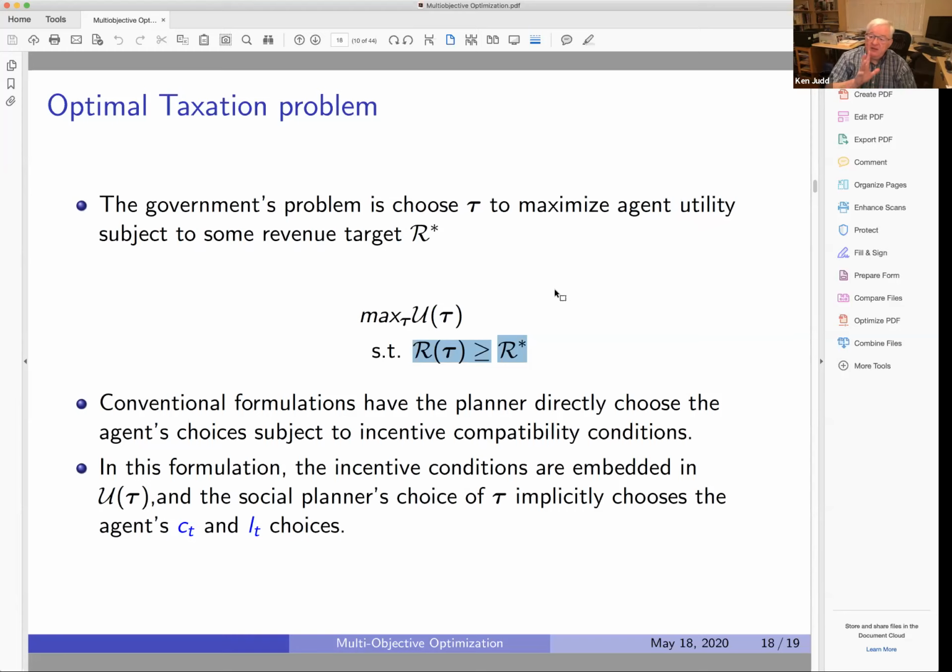That is how you conventionally see these tax problems written: you maximize utility subject to incentive compatibility conditions and a revenue constraint.